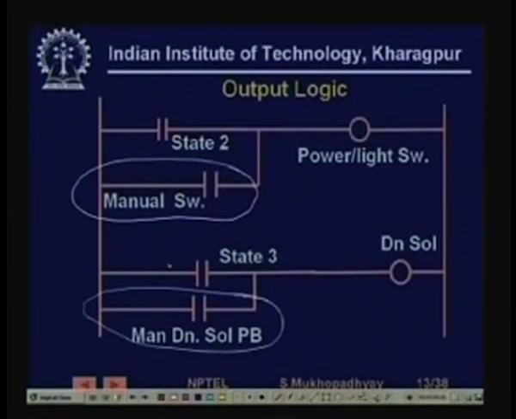If the PLC is running and we press the manual switch, then the power light switch may also be made on. Similarly, we can have a manual down push button. This is just to demonstrate that you can put additional logic to include manual operation of the system. Otherwise this program simply says that while you are in state 3, the down solenoid will have to be activated. Very simple.